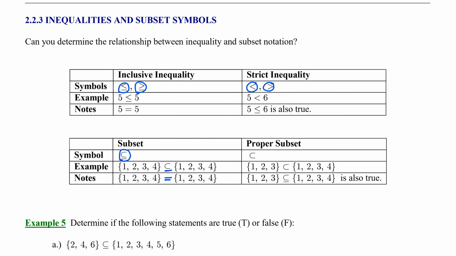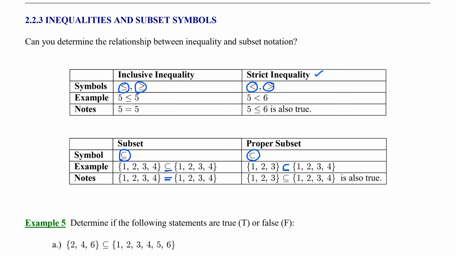Our proper subsets are much like our strict inequalities in the fact that they indicate that the set on the left must be smaller than the set on the right, and it excludes the possibility of equal sets. For example, the set {1, 2, 3} is a proper subset of the set {1, 2, 3, 4} because the set {1, 2, 3} is smaller than the set on the right.